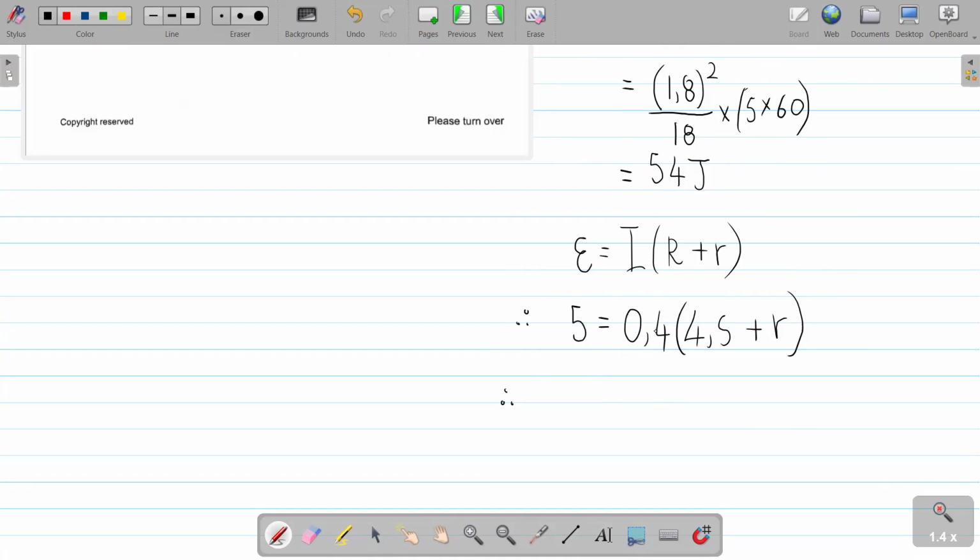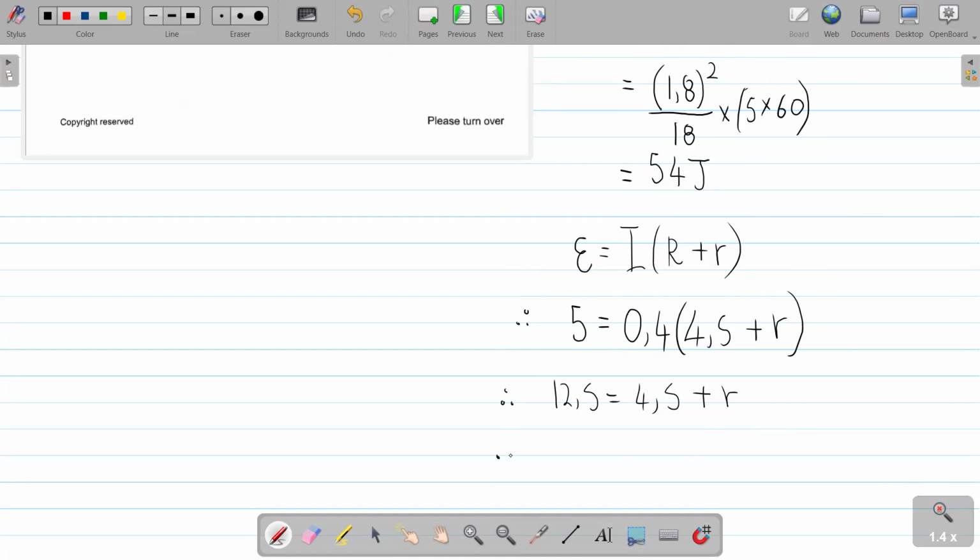We divide by 0.4 here. So it gives me 12.5 equals 4.5 and then plus r.